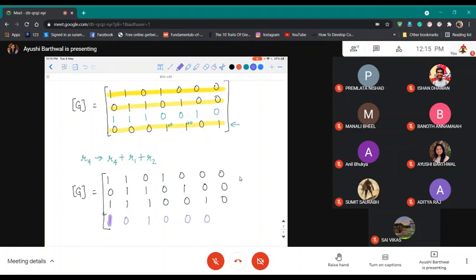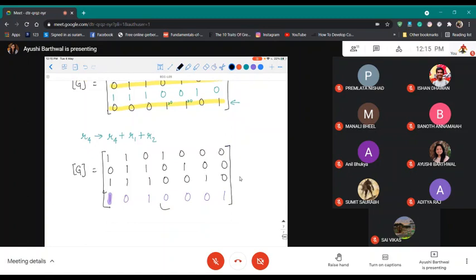This would be 0 again, 0 0 0, and 0 0 1 would be 1. Now we can see that this is your identity matrix of order 4, and this is your parity check matrix of order 4 cross 3.